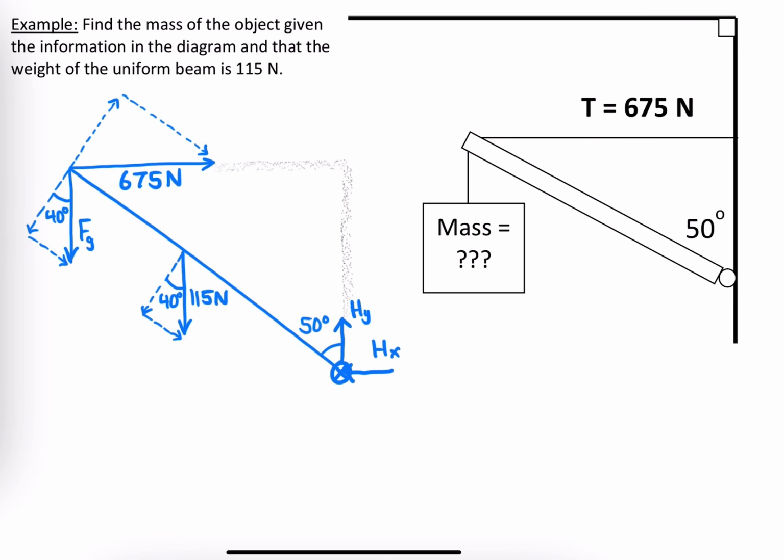So if that guy here is 40 degrees, then this guy has to be 50, because those two have to add together to get 90 degrees. So let's add that in. This guy is going to be 50 degrees.